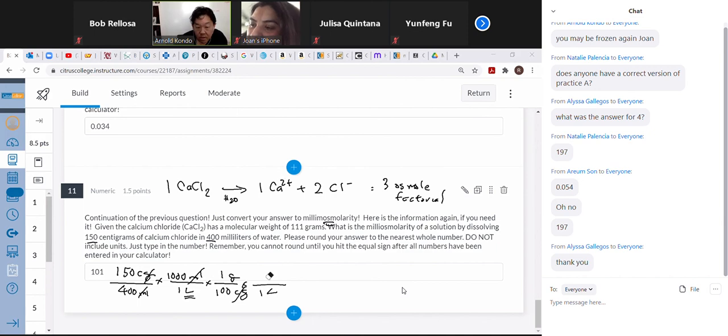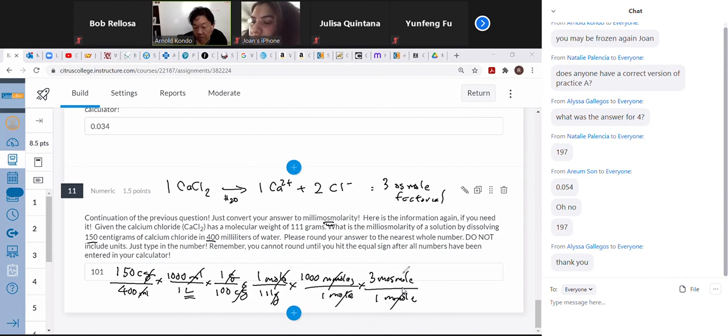111 is the molecular weight, so 111 grams of calcium chloride to 1 mole. Grams cancel. Now we want it in millimoles, so 1,000 millimoles to 1 mole. And then finally, 3 milliosmoles to 1 millimole. The only reason I use these is to make sure my units cancel out, but it's literally just 3 to 1 factorial.